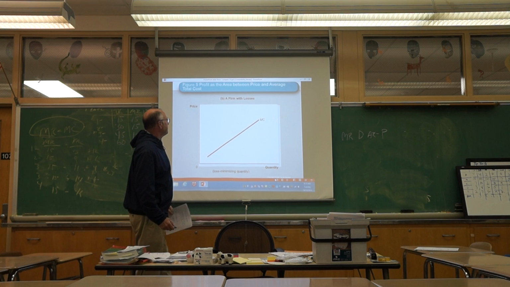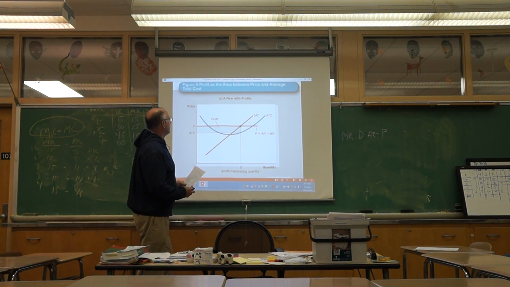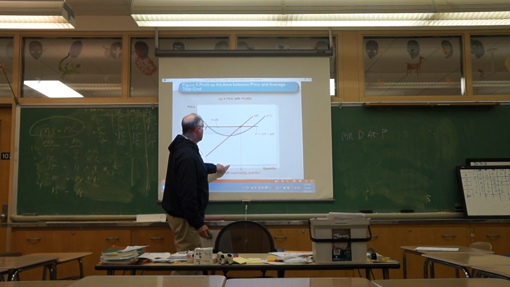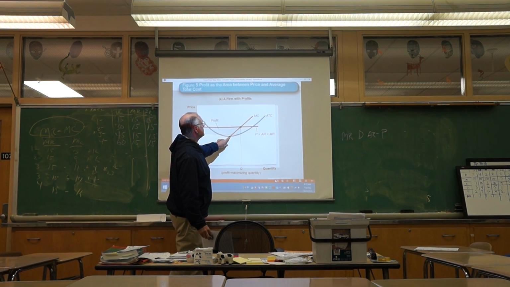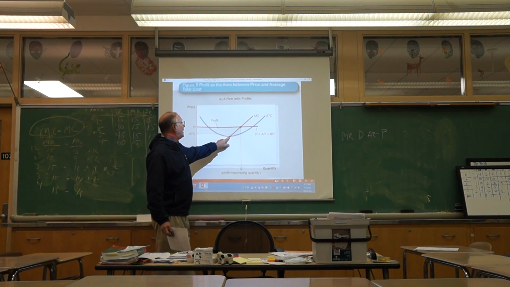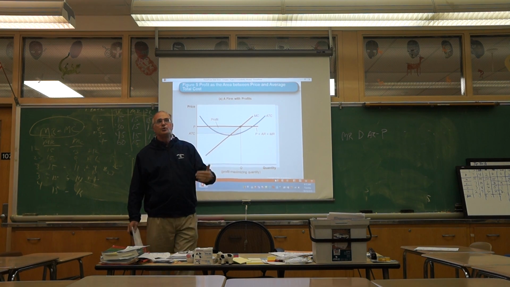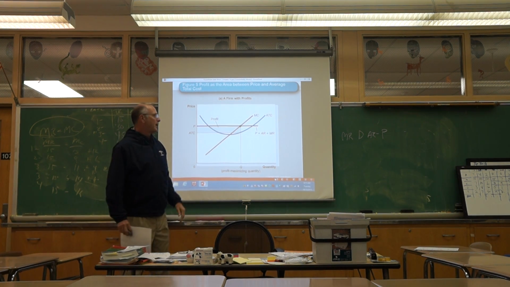Let's just go back, because here's a question they love to ask. If you're producing over here, let's call this Q2, what should you do? Well, marginal revenue is higher than marginal cost, so you should produce more of the product.